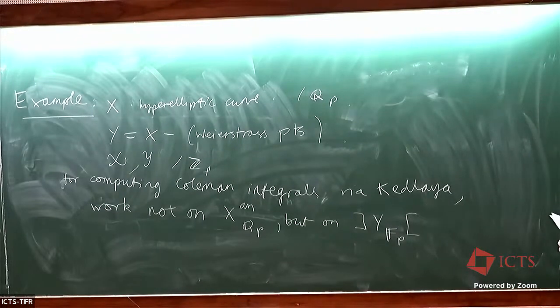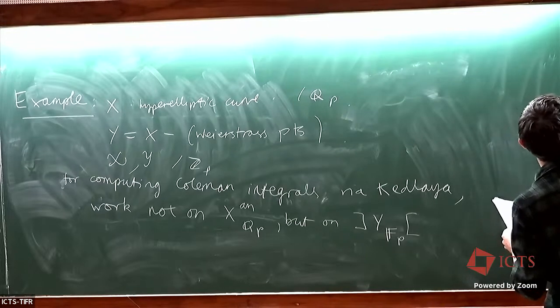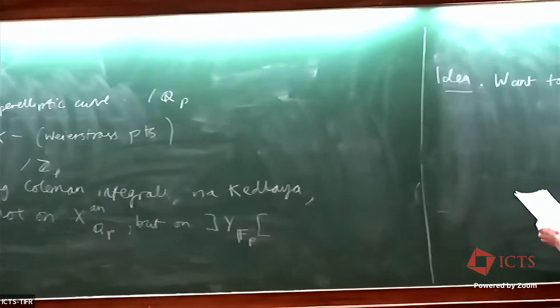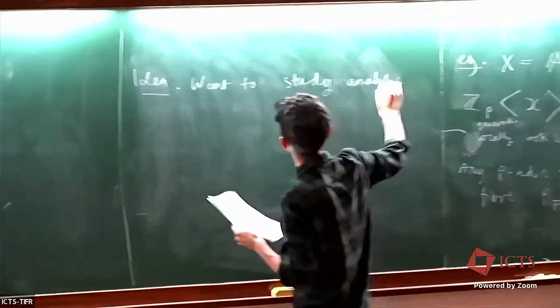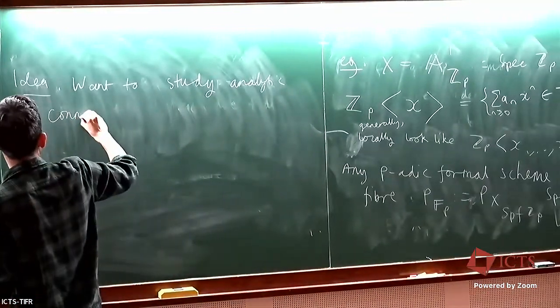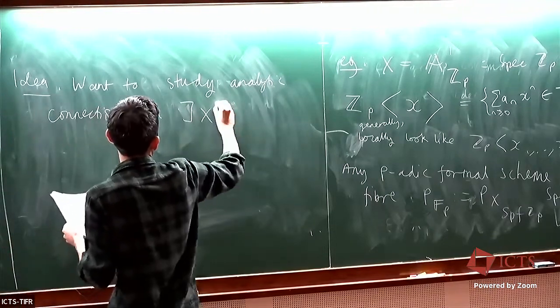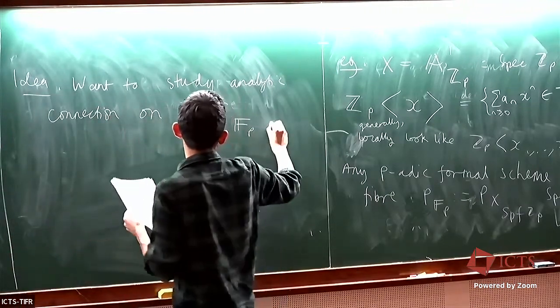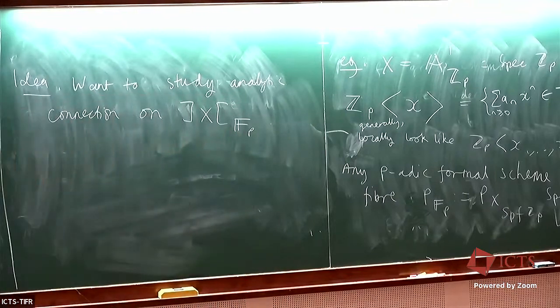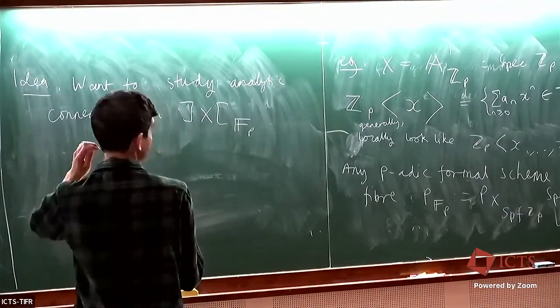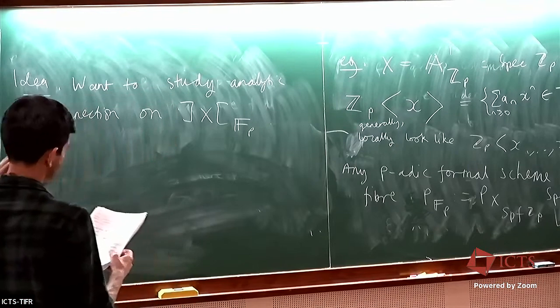So the idea now is that we want to study analytic connections on, say, X over F_p. So we start with some X over F_p, and then we want to maybe find some formal scheme, some lift of it, and construct connections on that.